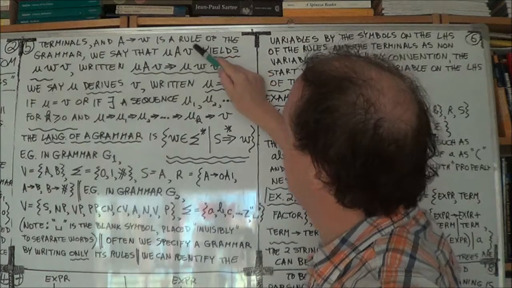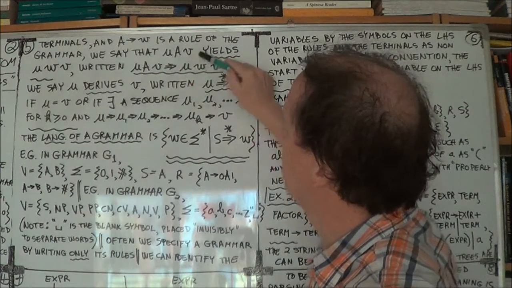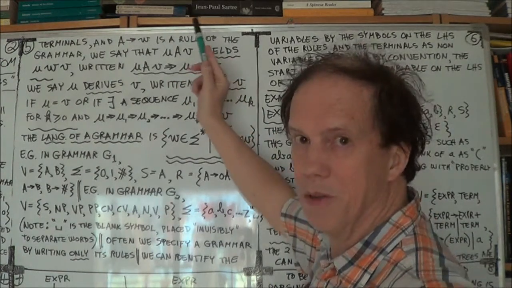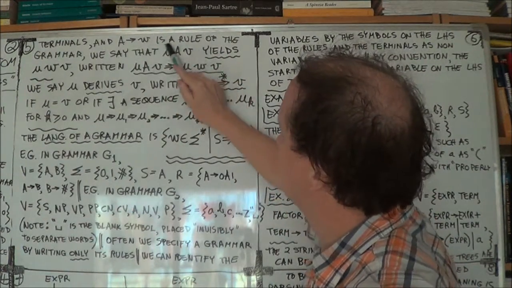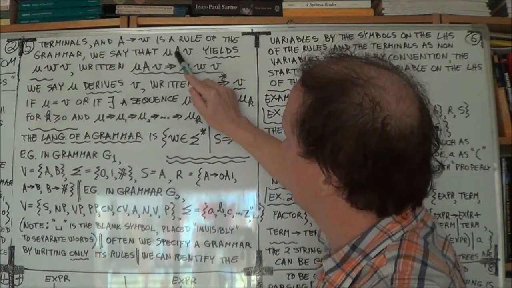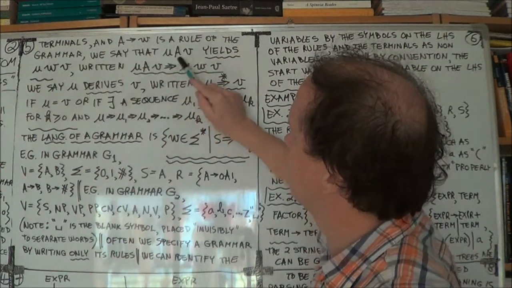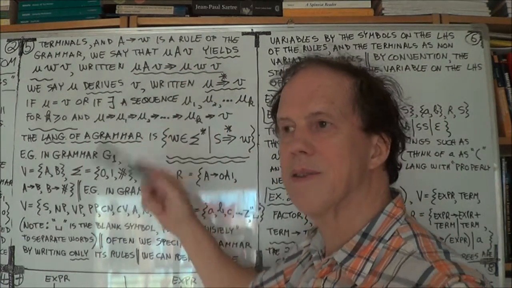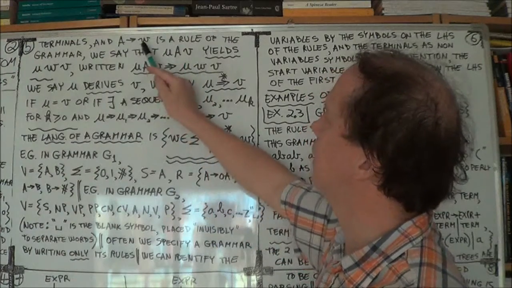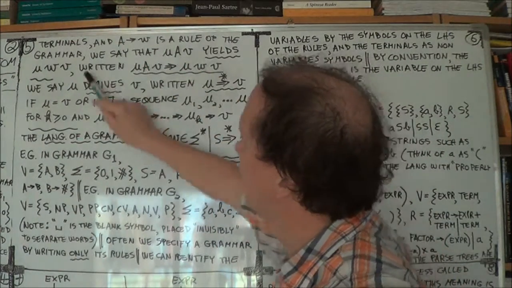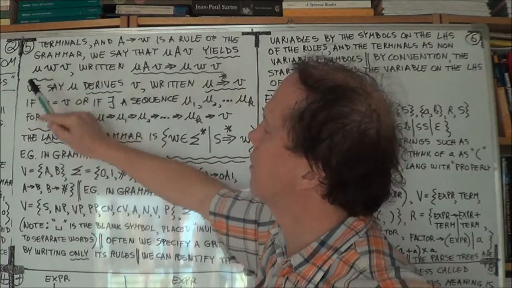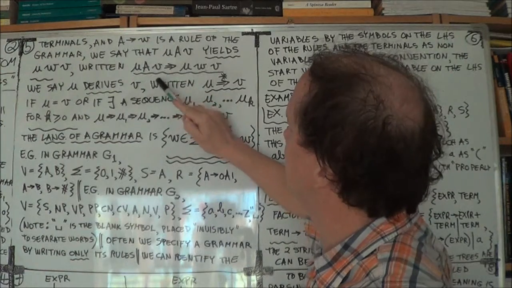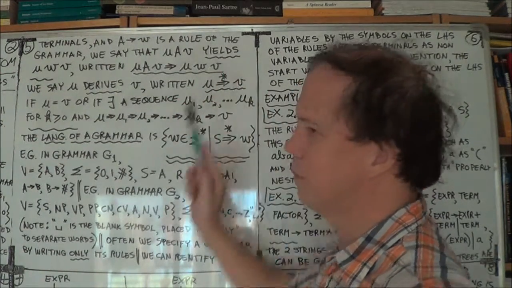Now, if what you have currently written is of this form, U A V, that's why we're talking about U, V, and W, you can rewrite that by substituting the A for W. You replace this A with W, so this becomes this. That is said to yield, that's the verb.